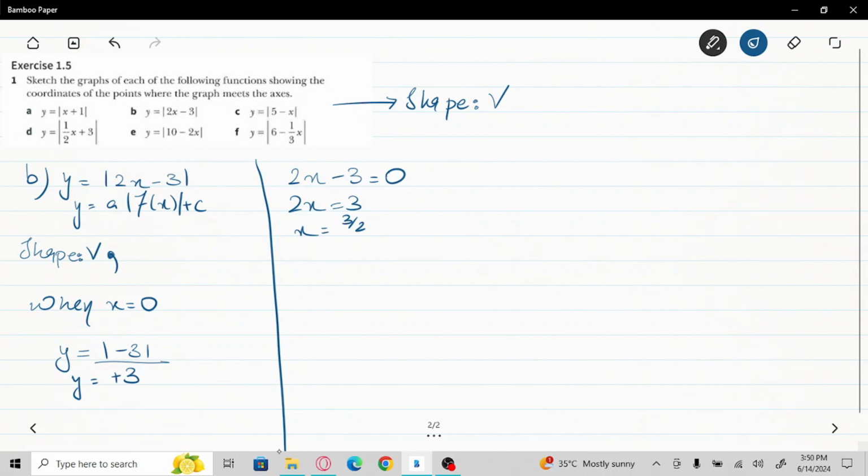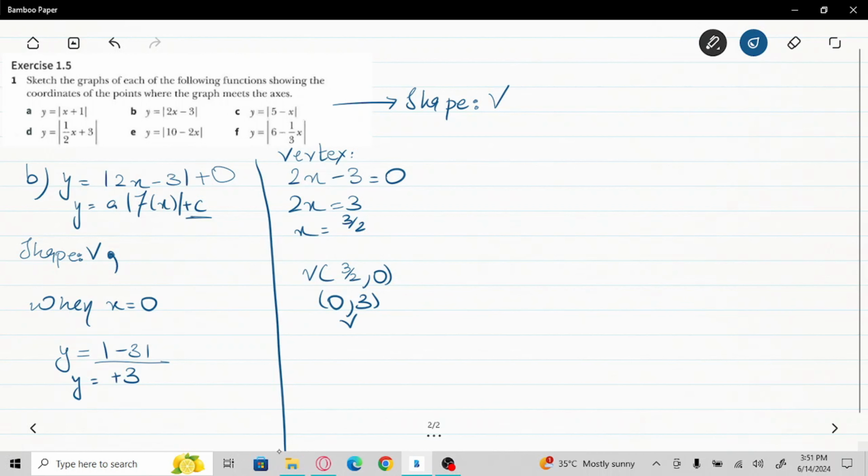For the y value of the vertex, we take the c part, and for now the y value is 0. So the vertex is at 3 upon 2 and 0, and the other coordinate, the y-intercept, is 0 and positive 3.